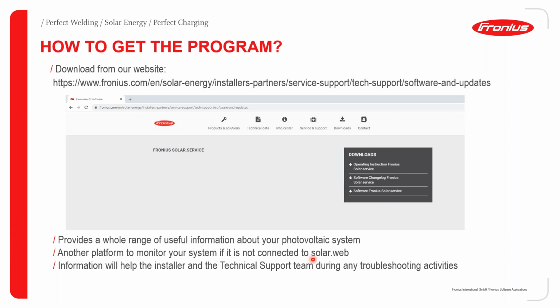And in that case, it will really be very hard to use Solarweb. So just remember, you can always use Solar.Service to do monitoring of the PV system on site. Okay, that's very important, on site. The information will also help the installer and will also assist our technical support team during any troubleshooting activities. So always do keep that in mind.